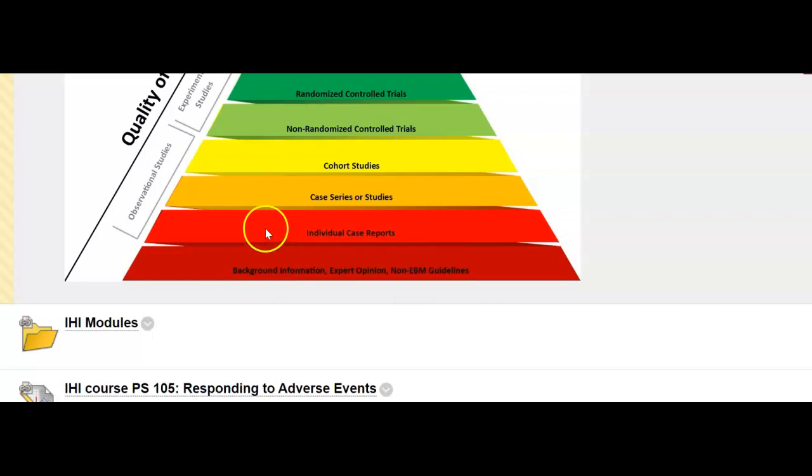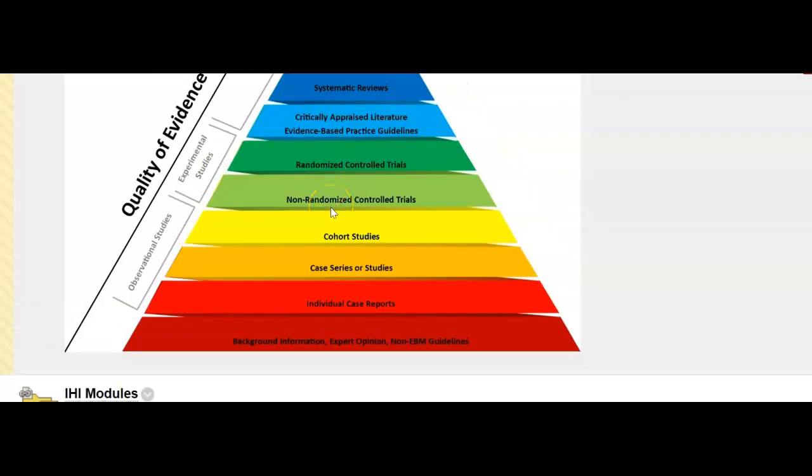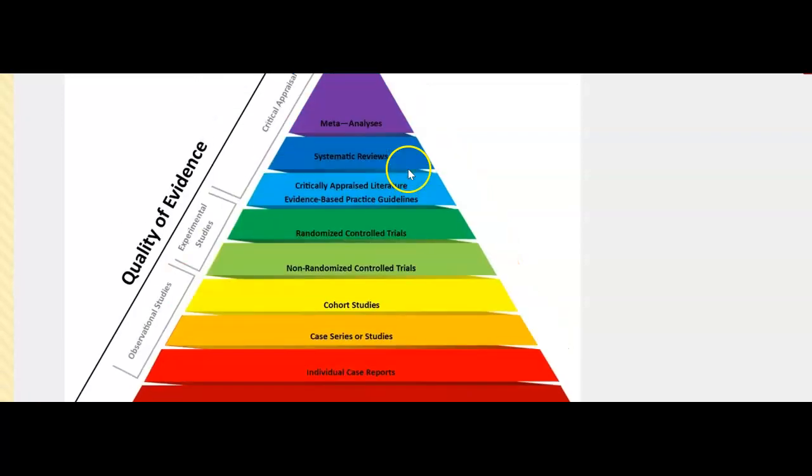But typically we start with some type of research, and we have observational studies, case reports, case series or studies, and cohort studies. Then higher levels of evidence are non-randomized controlled trials, and of course, higher up, the gold standard among independent individual studies is randomized controlled trials.